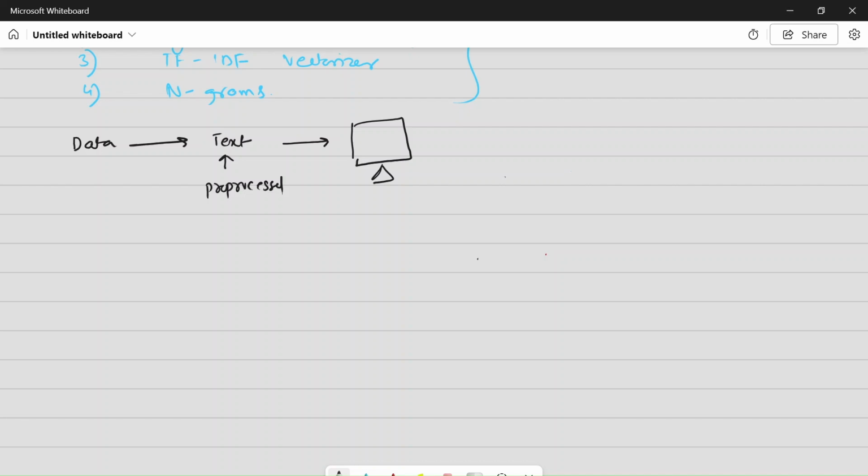So we need to convert this pre-processed text into a suitable format, so that the computer, or my machine, is able to understand it and do some kind of mathematical operation on it, or some kind of statistical analysis.